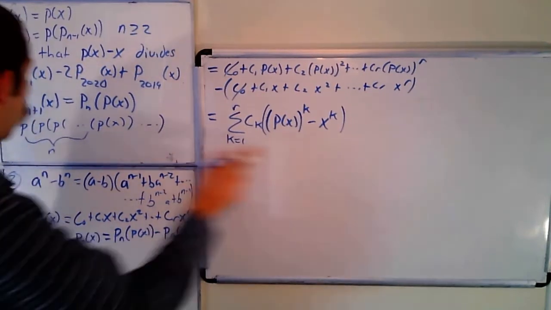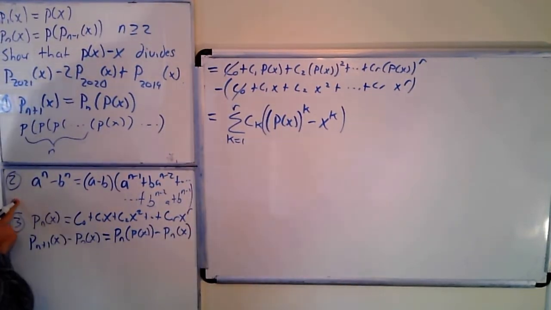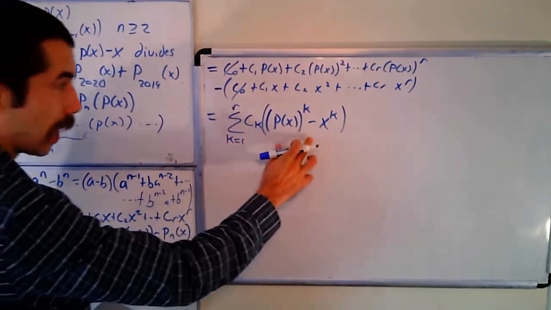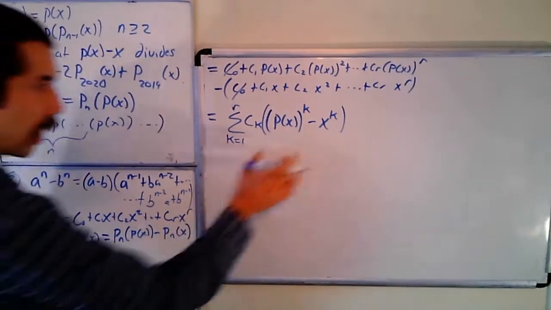And we know from 2 that p of x minus x divides each term in this.